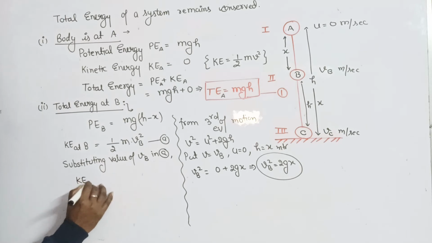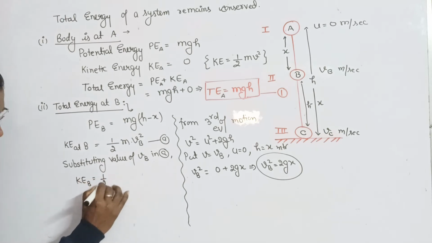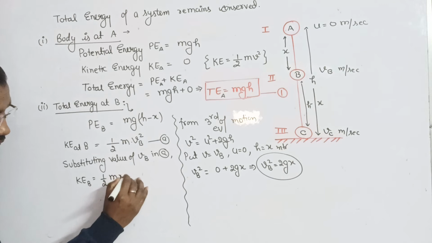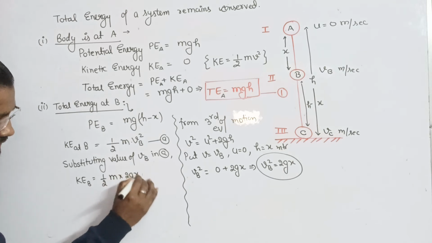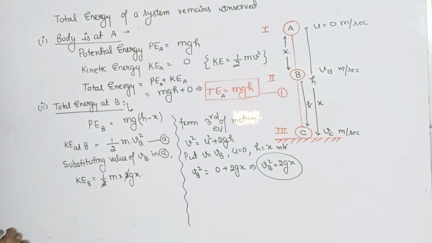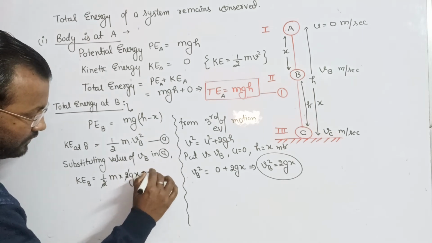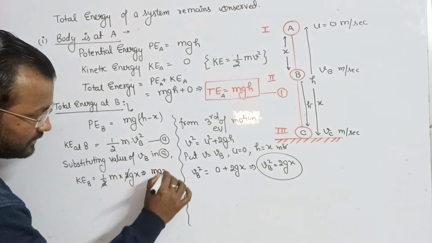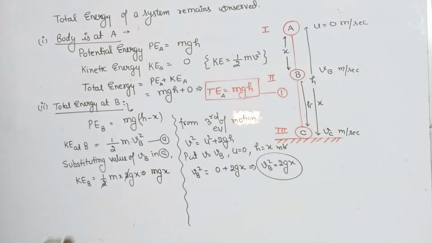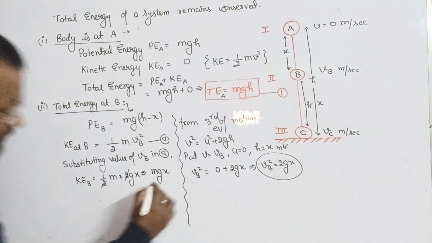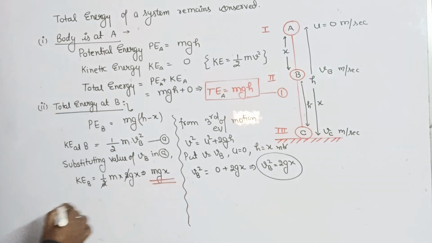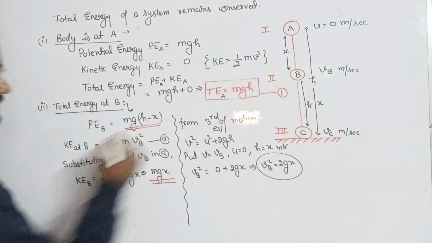Kinetic energy at b will be 1 by 2 m into 2gx. 2 and 2 will cancel out. We will have mgx. Now this is the kinetic energy at b, and this is the potential energy at b.